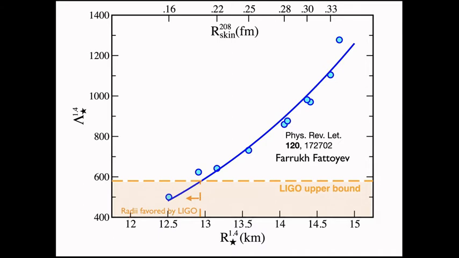Great. So the favored deformability area is near the bottom of the plot. And if you look at the blue dots, as we've heard before, this suggests a relatively small radius of about 13 kilometers or less.